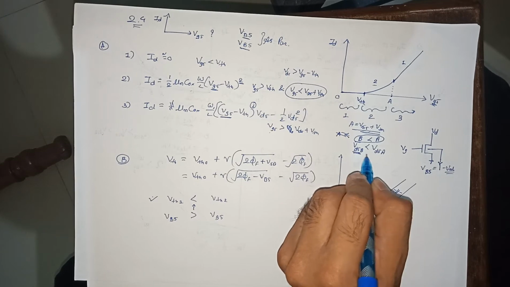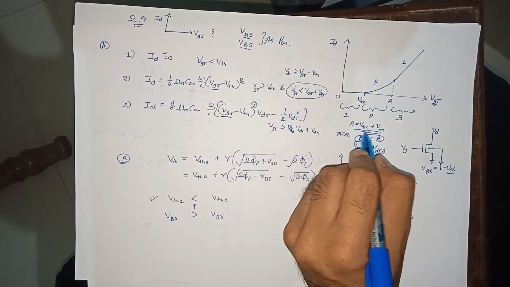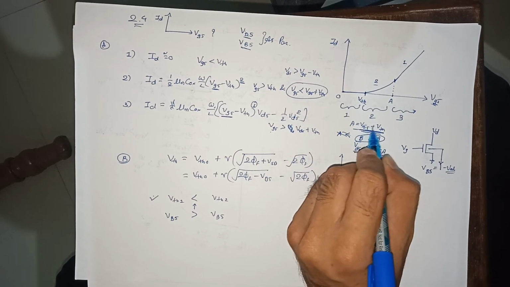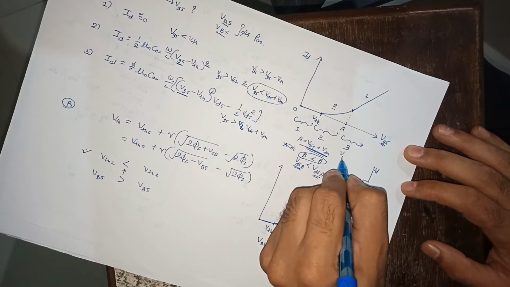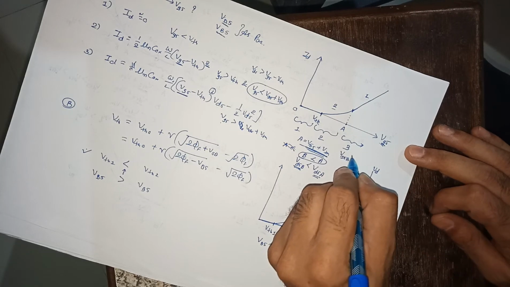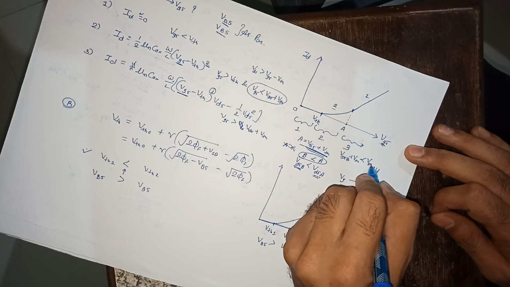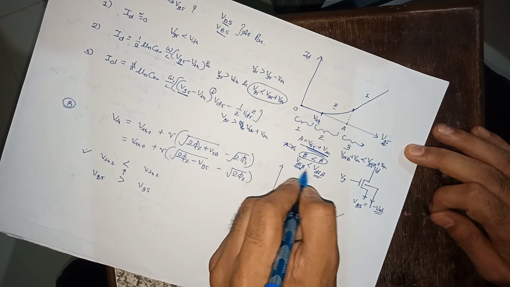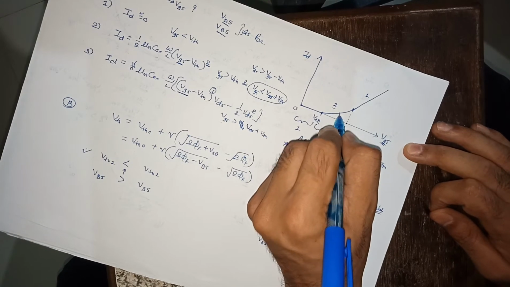If VDSB is less than VDSA, that means VDSB plus VTH will, of course, be less than VDSA plus VTH. So if you write it, it's like that: VDSB plus VTH less than VDSA plus VTH. Why? Because VDSA is greater than VDSB. So it will fall somewhere here.